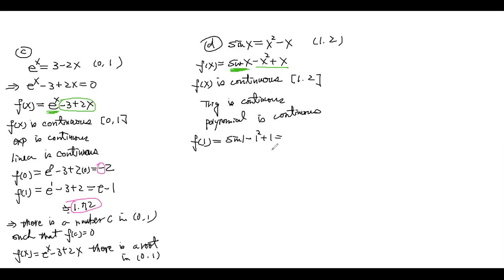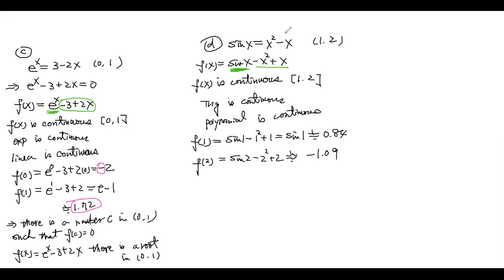So this cancels, so it's sin 1. Sin 1 is approximately, if you put it into your calculator, and don't forget this is in radians, right? So it's 0.84. Then f of 2 will be sin 2 minus 2 squared plus 2. It will be close to, if you put it into the calculator, negative 1.09.